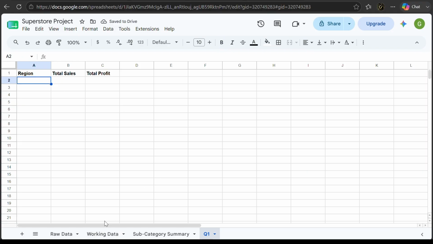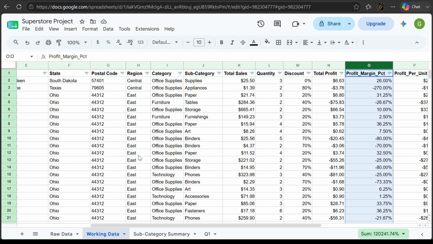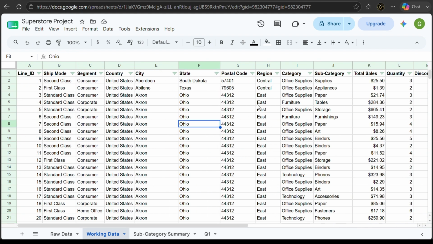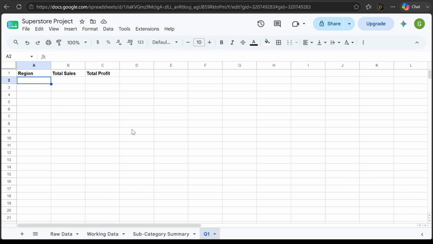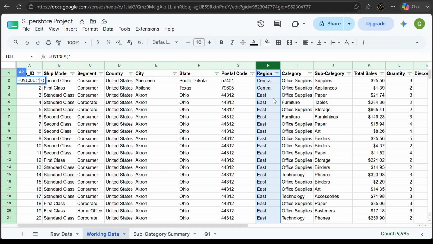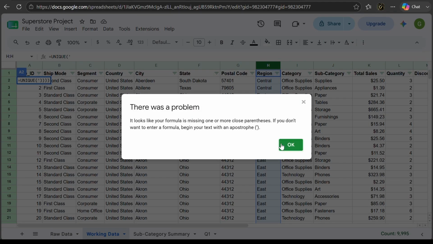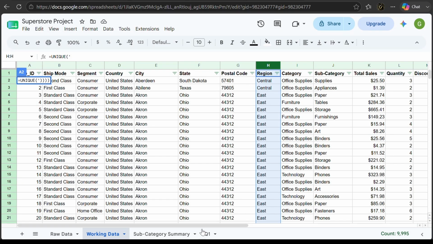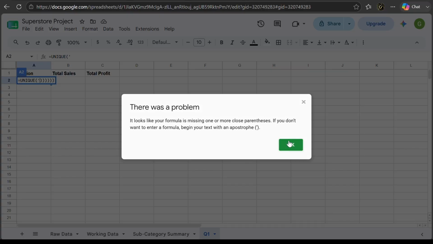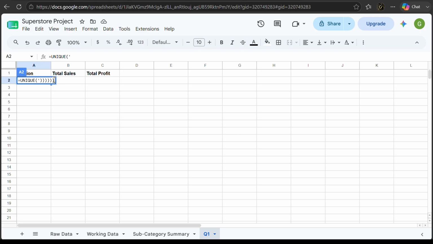Instead of wasting our time trying to specify all the regions, let's use that unique function again. Region is in column H, right? So I'm just going to come here and say equals unique, and say column H. I shouldn't be having this; I must have made a mistake somewhere.